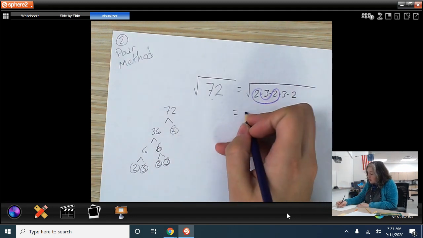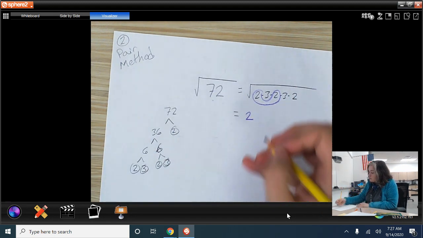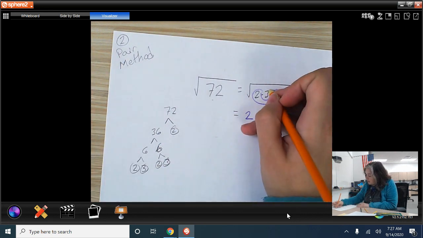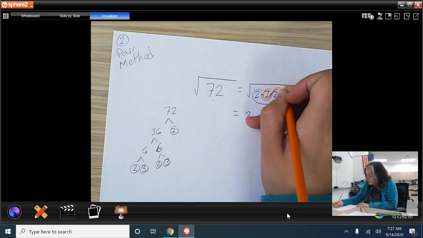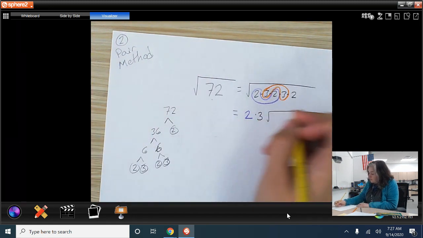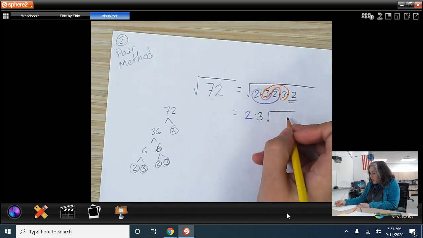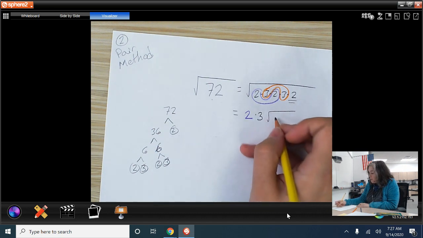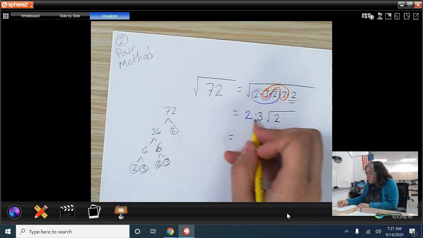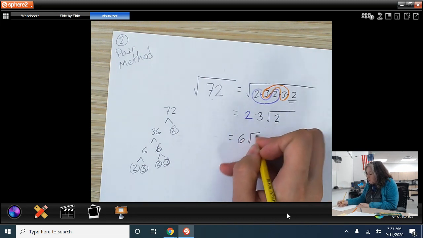So this 2 can get out. He's going to be able to leave. This 3 can get out too. He has a buddy, so he's going to be able to leave. But this 2 is stuck. He doesn't have a buddy to escape with. So he's stuck inside. Then I can rewrite this as 2 times 3, which is 6, root 2.